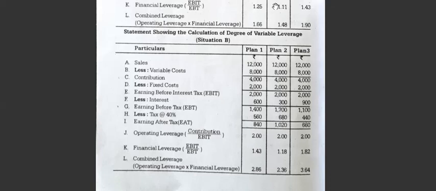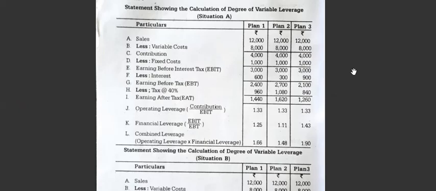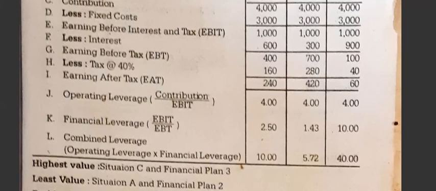So 1.48 is plan 2 and situation A. So least value is plan 2, situation A. Yes, correct. It is the situation where you have the least value. Least value we have checked, no? See here, least value, this is 1.42. It is plan 2 and situation A. Okay. So you will write it at the end here.